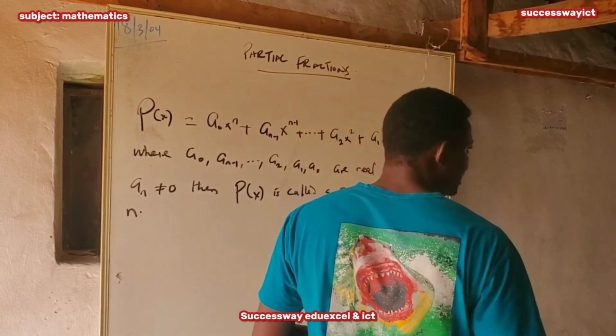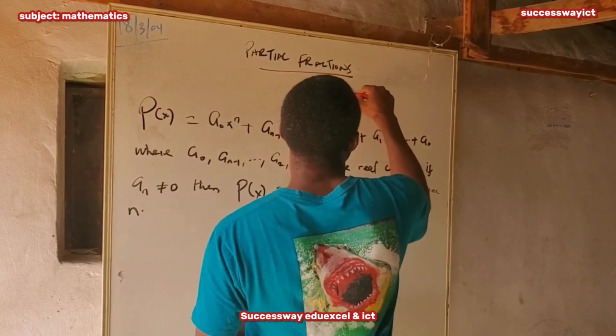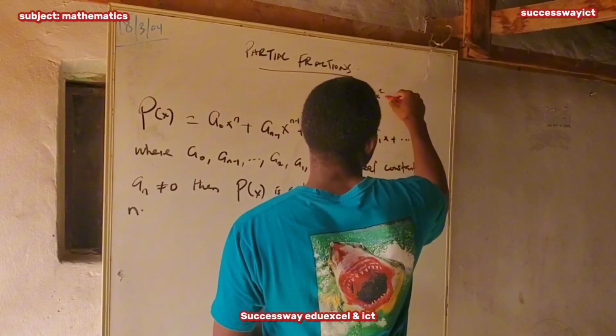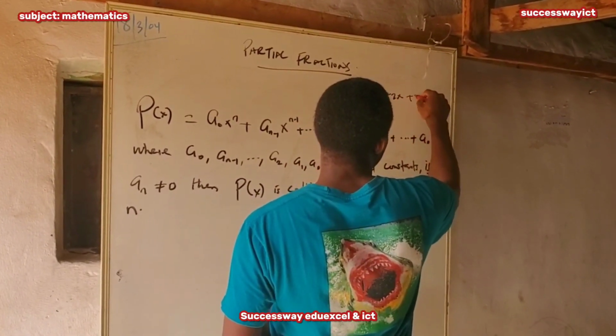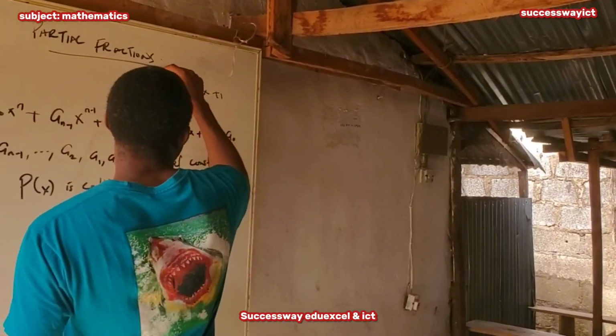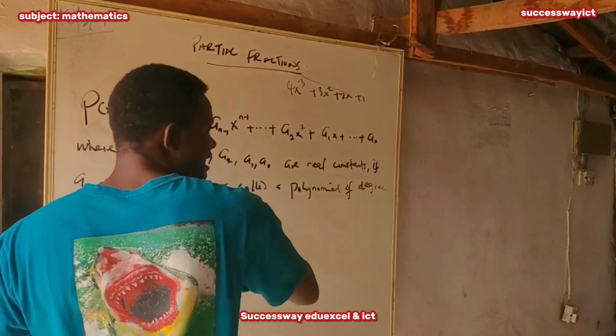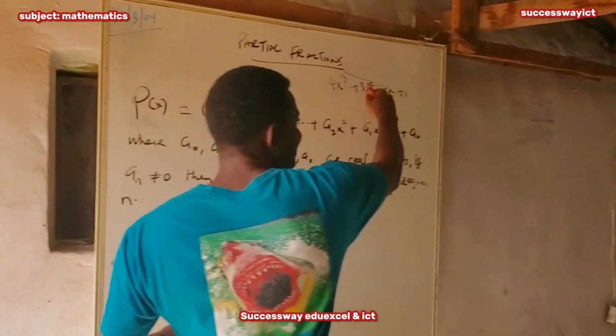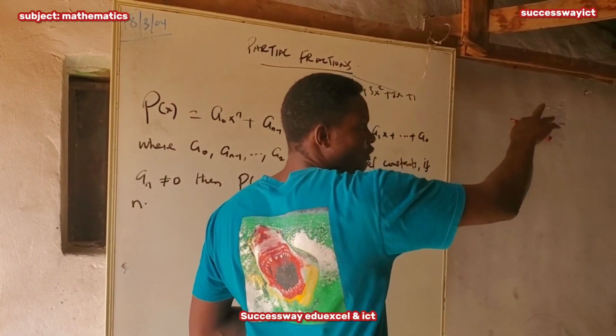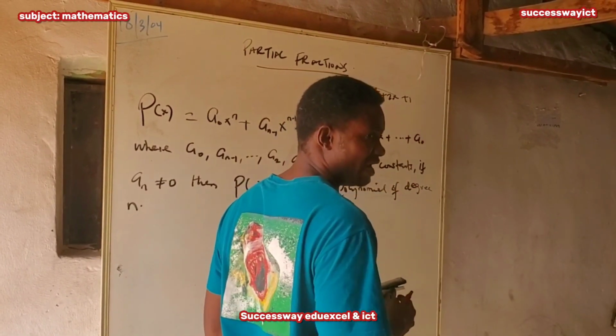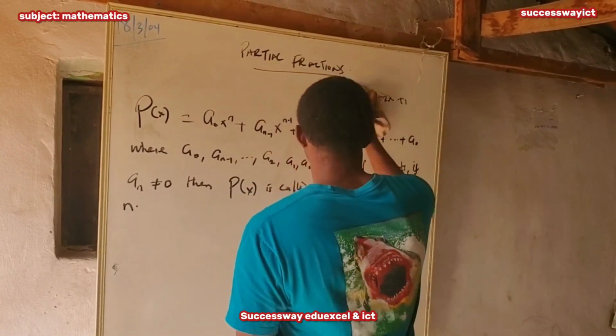So it's decreasing. It's just like you have 4x cubed plus 3x squared plus 2x plus 1. So the degrees are declining. Is that okay? So that is just what this general definition is talking about: the declining of those degrees. All right.